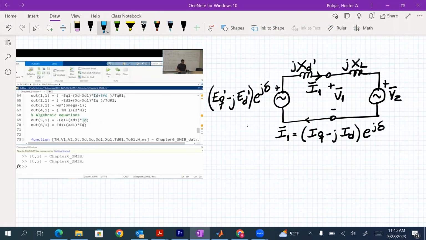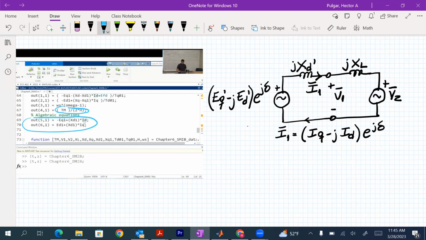So in the classroom, I indicated that the differential equation for the speed can be reduced to this term. And even though this is true, during the short circuit for this system, the electrical torque will be set to 0. This is not something we have to do. Why? Because now we're using different algebraic equations.